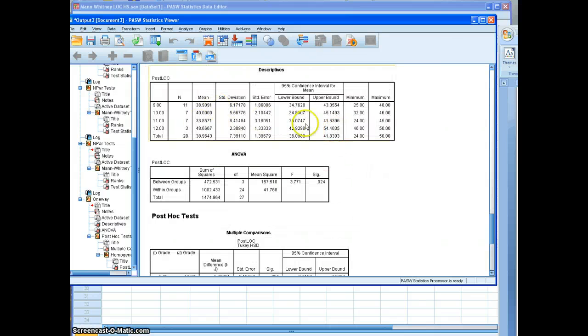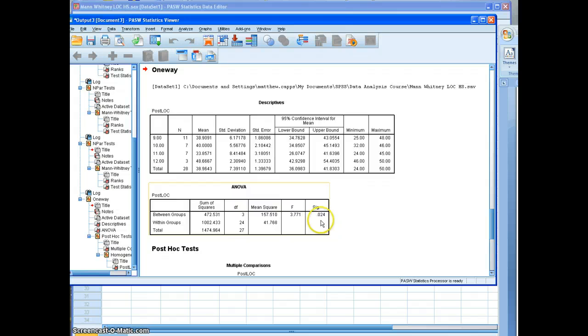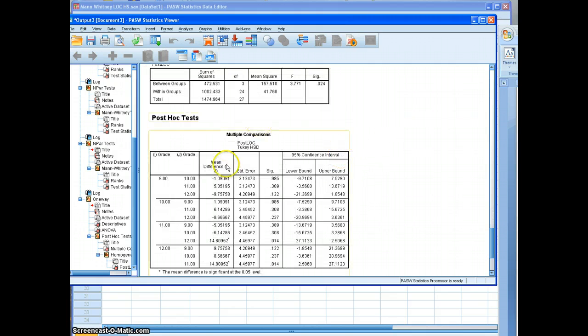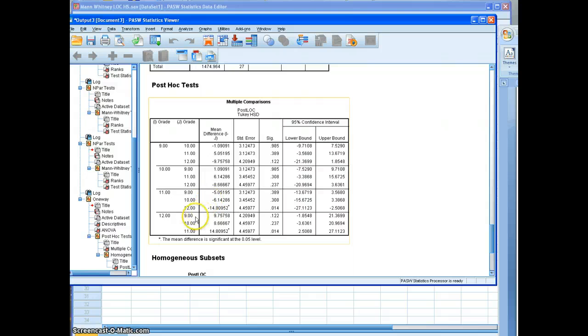You'll notice if you do this, you do get a difference between the groups. It's not as accurate as the Mann-Whitney. And by running the post hoc, it at least gives you a place from which to start. You can see between grades 12 and 11, there is a difference. Grade 12 is much higher on their scores than grade 11.